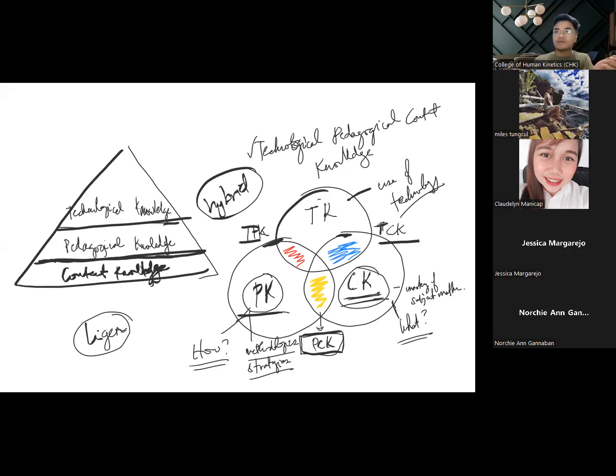O katulad nyo ngayon, which of these three are you preparing for? Sa pag-aaral nyo sa earning units, saan sa tatlong ito are you preparing for? Anyone? Claudeline, you unmute yourself. Content knowledge, sir. Are you sure?